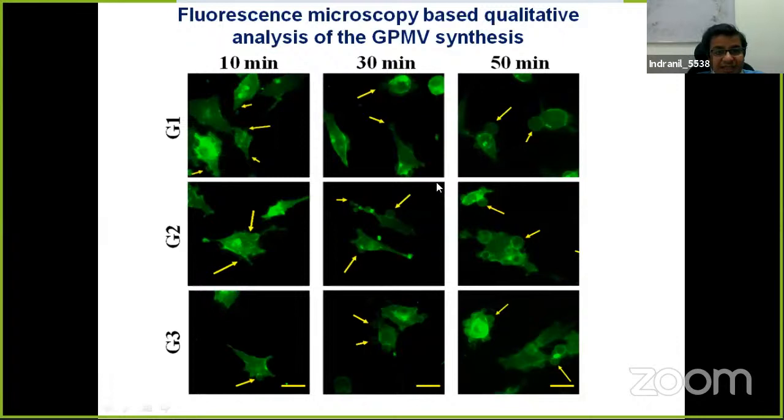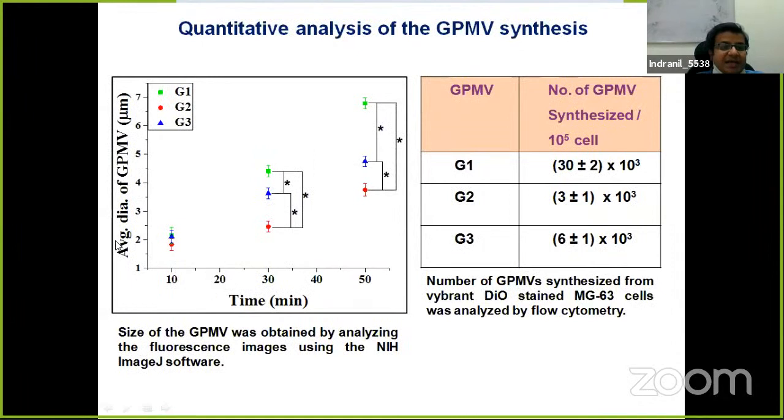Here you can see the fluorescence microscopic image, a time-lapse image of this GPMB generation at 10 minutes, 30 minutes, and 50 minutes. You can see over the time period how these giant plasma membrane vesicles are generated. Then we checked the average diameters of this GPMB.